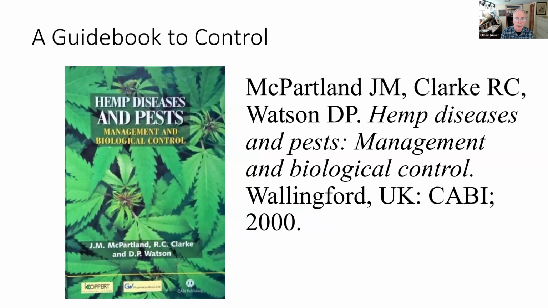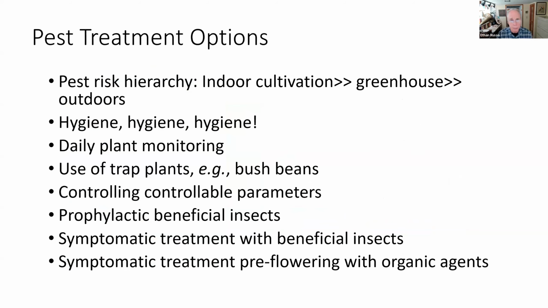There's an excellent book available, now 24 years old, unfortunately, Hemp Diseases and Pests by John McPartland, Rob Clark, and David Watson. Still an excellent book. A second edition is in preparation, and we look forward to that.